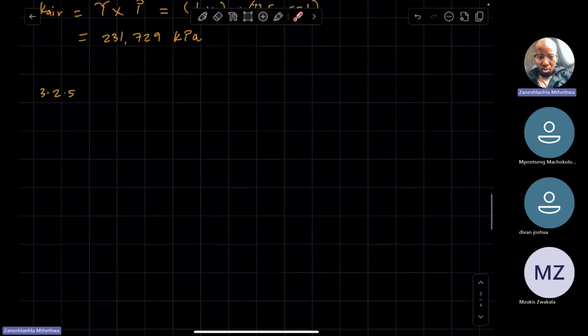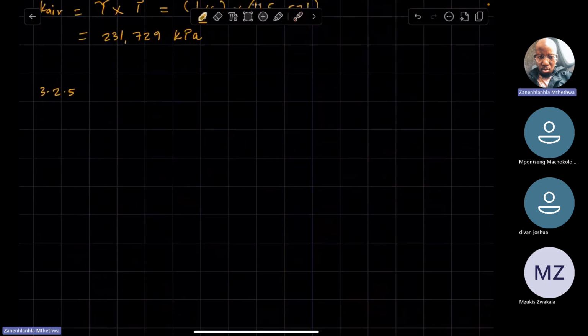Right. Hence, to calculate the effective bulk modulus, Ke will now be equal to 1 over K of oil plus 2,5 divided by E for the K of the cylinder, and then plus.